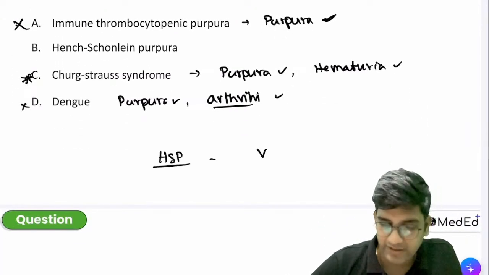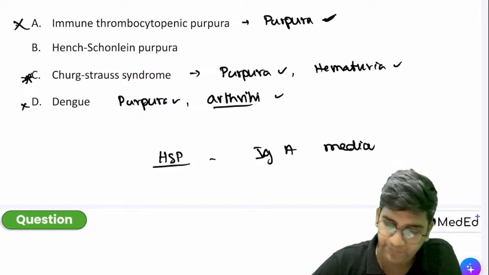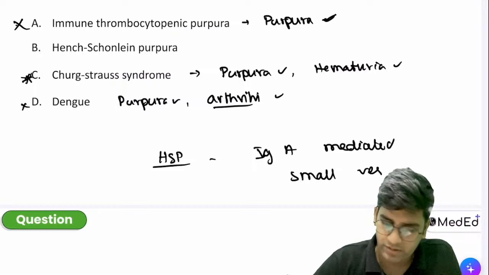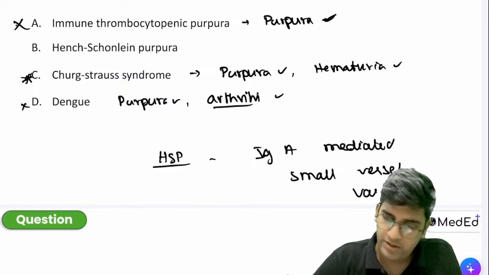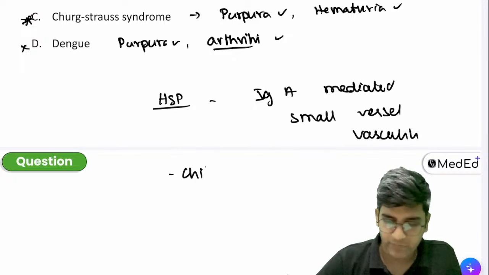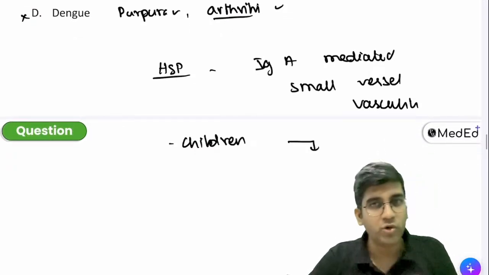HSP is also a type of vasculitis. It's an IgA mediated vasculitis. It's also a small vessel vasculitis. HSP is a classical finding seen in children. Most common presentation will be more than purpura.